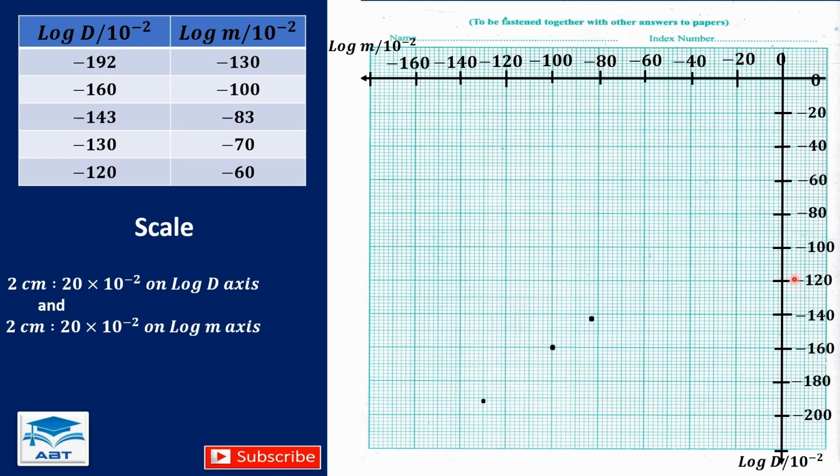That will be between negative 120 and negative 140. And negative 70 will be between negative 60 and negative 80, and they will meet here. The next one, negative 120 on log D axis is here, and negative 60 is also here, and they will meet at this point. So we draw the line of best fit.